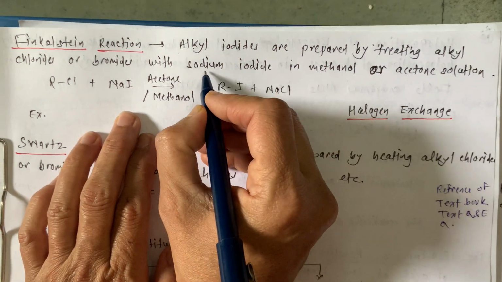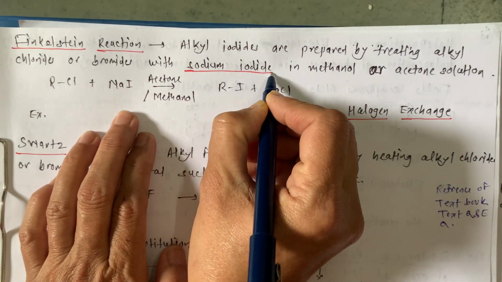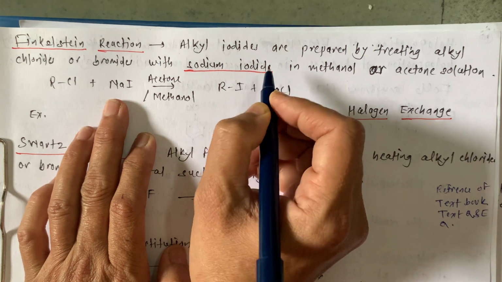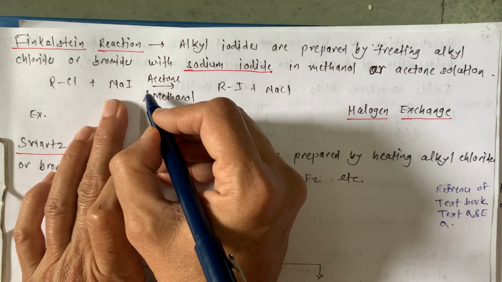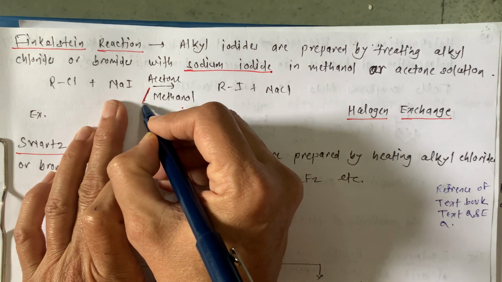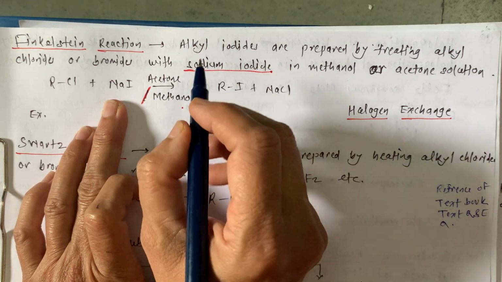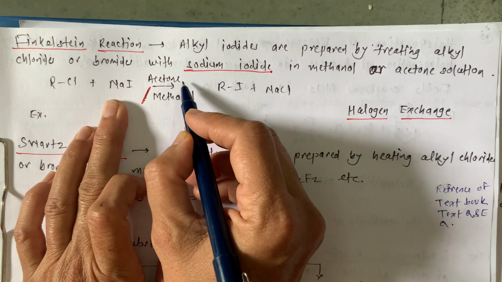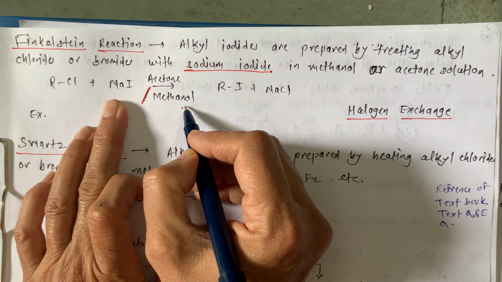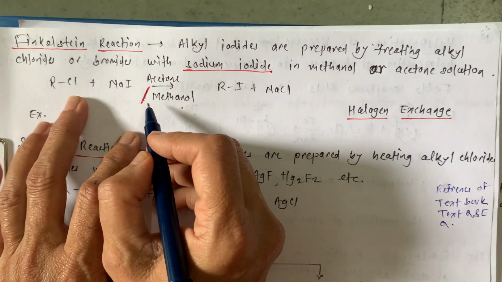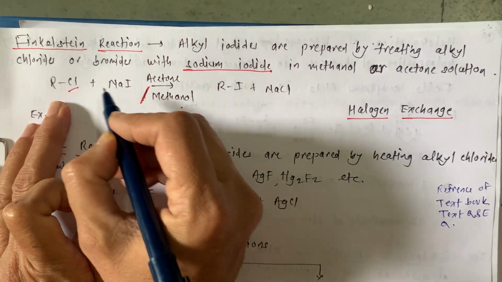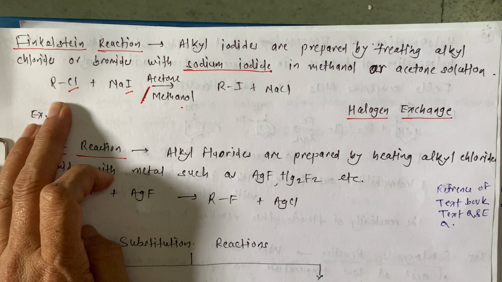This is very important. You have to remember it is treated with sodium iodide in the presence of methanol or acetone. That's why the oblique sign is there. Any reagent you can use, acetone or methanol. And now what is going to happen? Very interesting thing is that this halide is replaced by another halide.